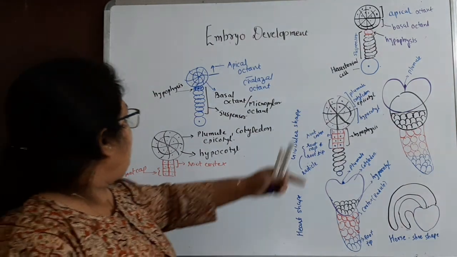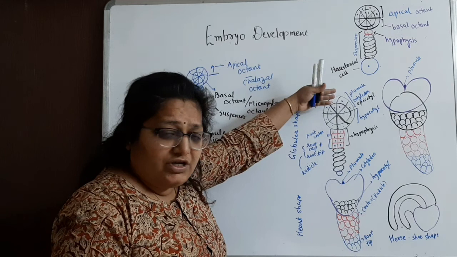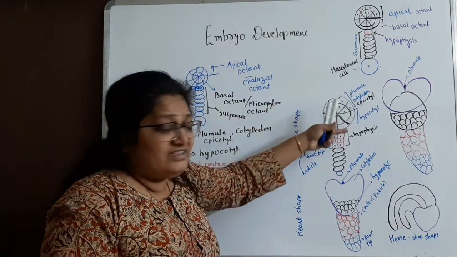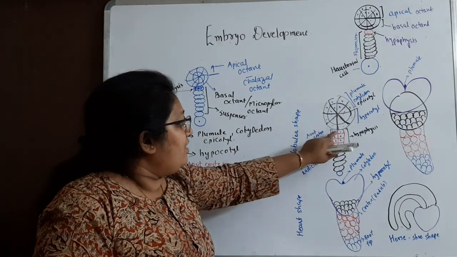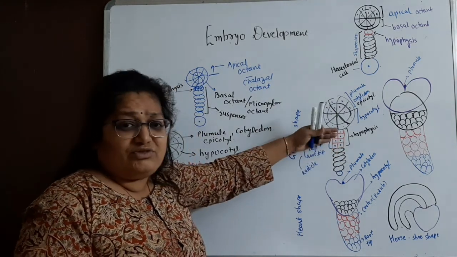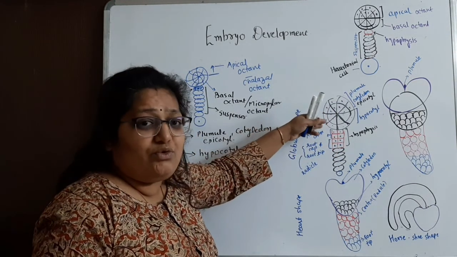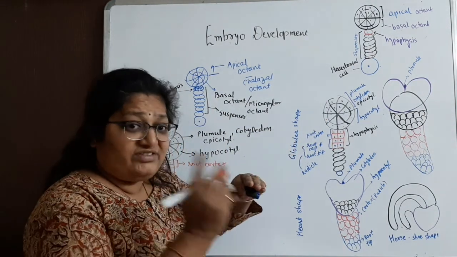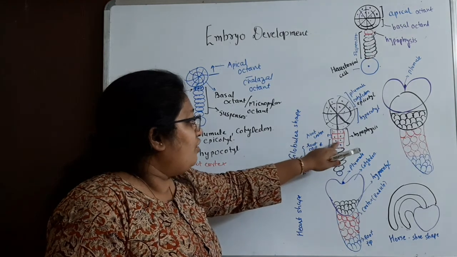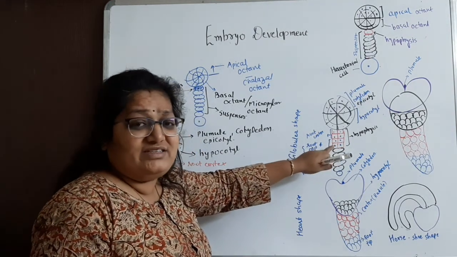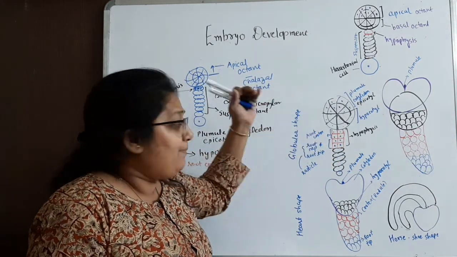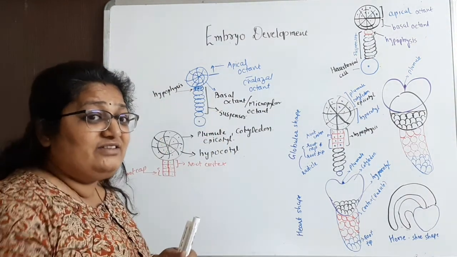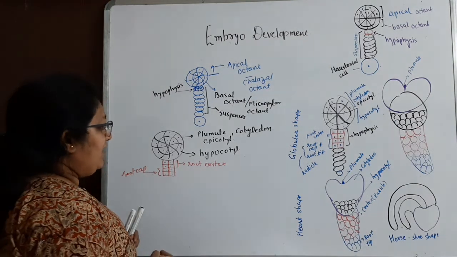The same figure is drawn here. From the apical octant, the plumule, cotyledon and epicotyl form. This is the hypocotyl. From the upper 4 cells of the hypophysis, the root cortex, the outer side region, forms, and from the lower 4 cells, the root cap and root tip, which protects the root.